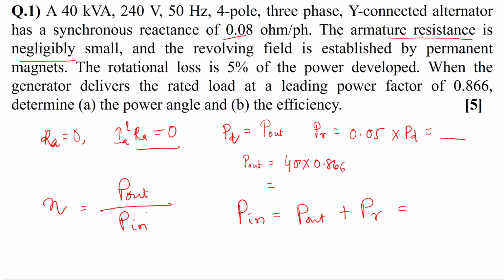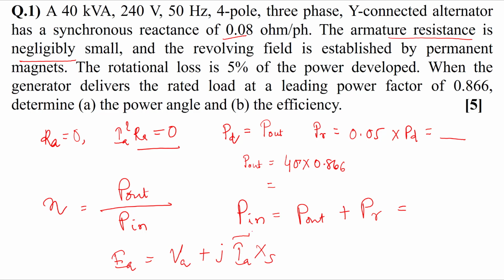And now power angle, how will we calculate? Power angle is the angle between EA and VA, right? So EA, you know, EA is VA plus j IA XS. XS is given here 0.08, and IA you have to find out.